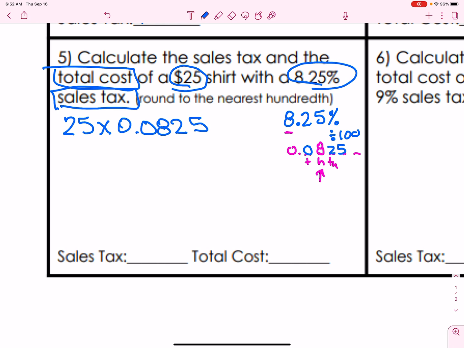So when I multiply, I'm going to go ahead and put that on top just because that's going to make me have fewer lines to multiply. 825 multiplied by 25. Get 5, 2, and don't forget to leave a space here so that you don't put a number.